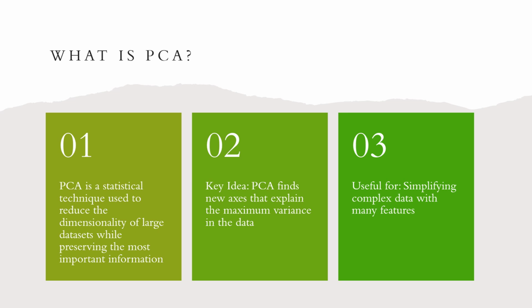So your complex data will be simplified and you can plot your features on two axes only, rather than having many different axes. That is giving you the maximum variance in data. So we will cover this in subsequent slides.